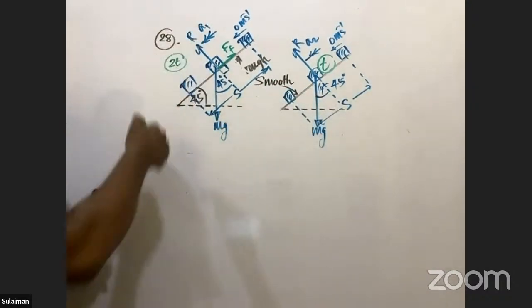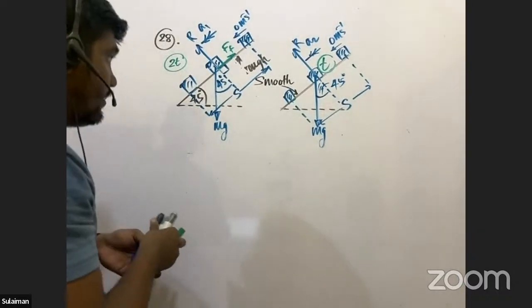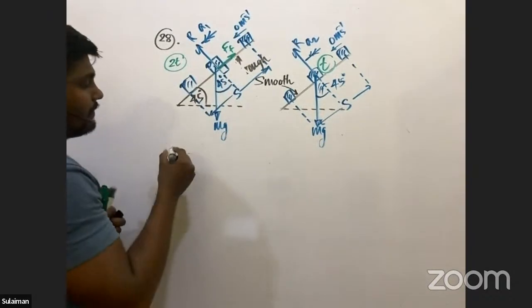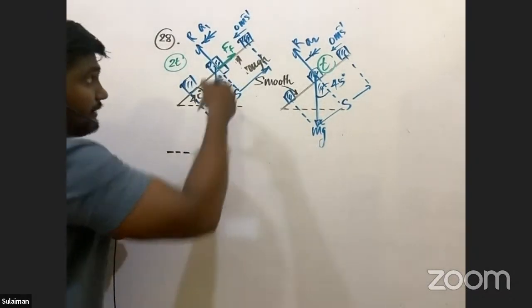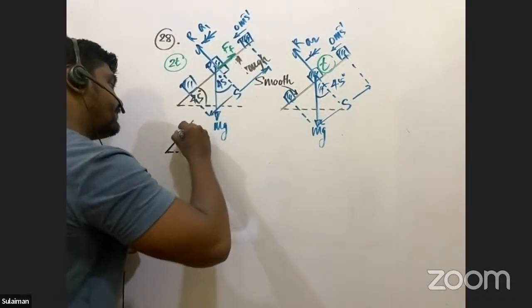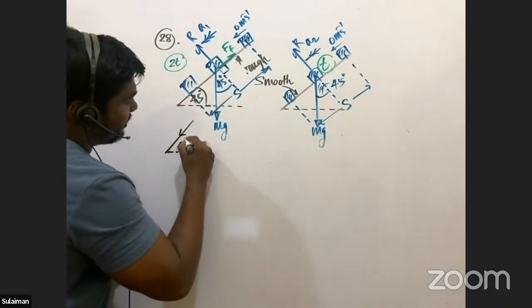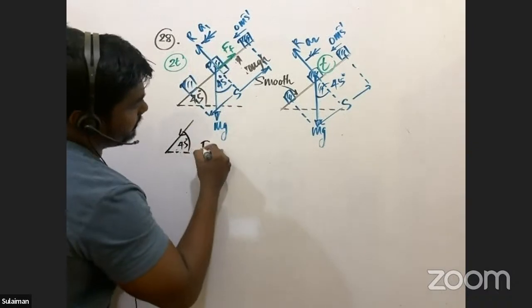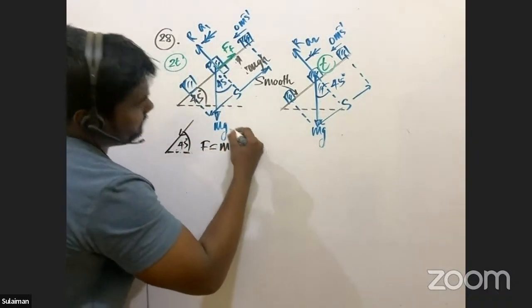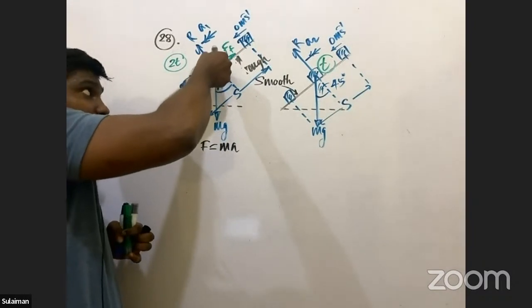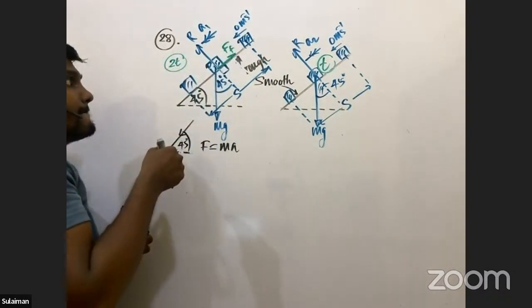If I want to find A1, what can I do? I can apply F equals ma in the direction of the motion. This object is moving along the plane in the downward direction. So I apply F equals ma along the plane downward. We want to split force components along the plane.